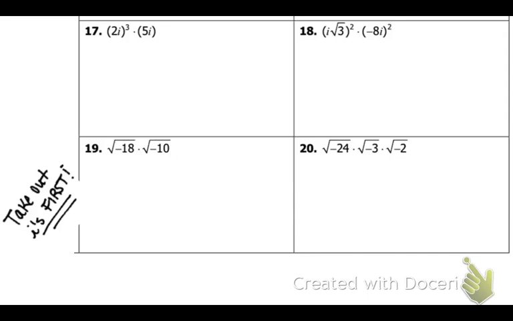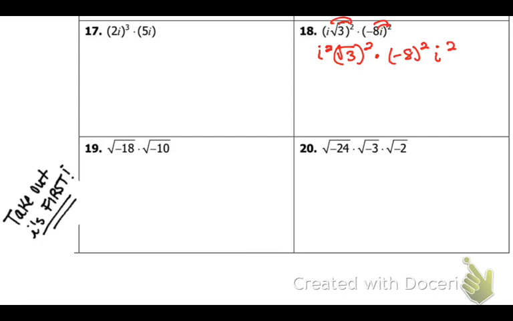So they're basically saying i squared and square root of 3 squared, because you have to apply it to everything, times negative 8 squared i squared. So all I'm doing is basically applying that square to everything.